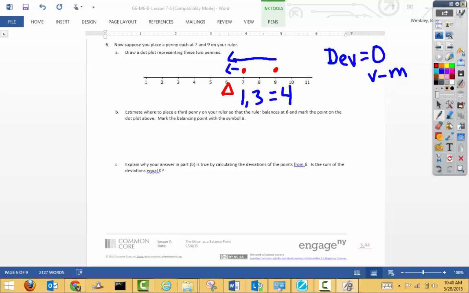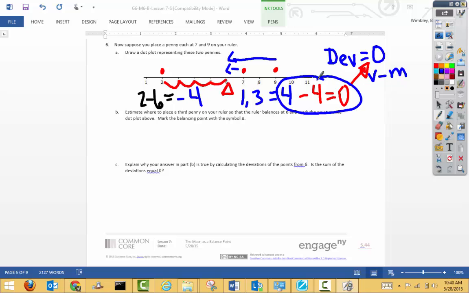So that means on this side, I'm going to have to get a negative 4 so that it balances. Because 4 minus 4 equals 0. That's what it needs to be. So I'm going to do 1, 2, 3, 4. And just to check my math, I'm going to do 2 minus 6 equals, and that does equal that negative 4. And then when I add them together, it'll be that 0. So there is my estimation.